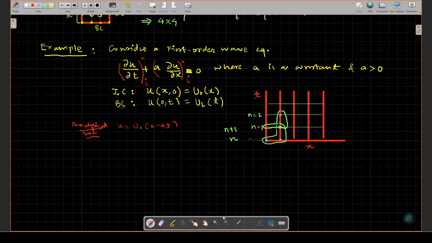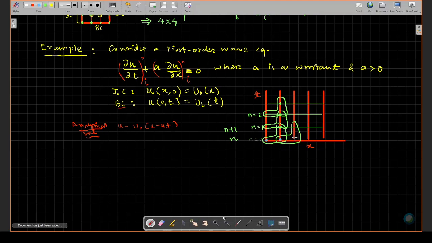To calculate this point, we will consider these 2 points. Similarly, to calculate this point you will consider these 2 points if you are considering backward difference.